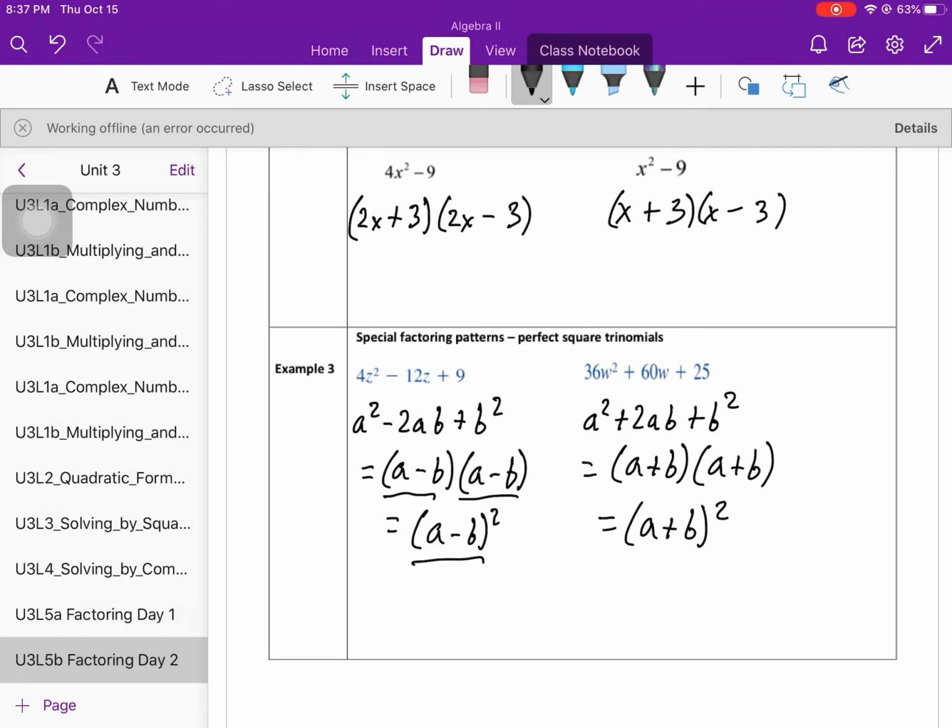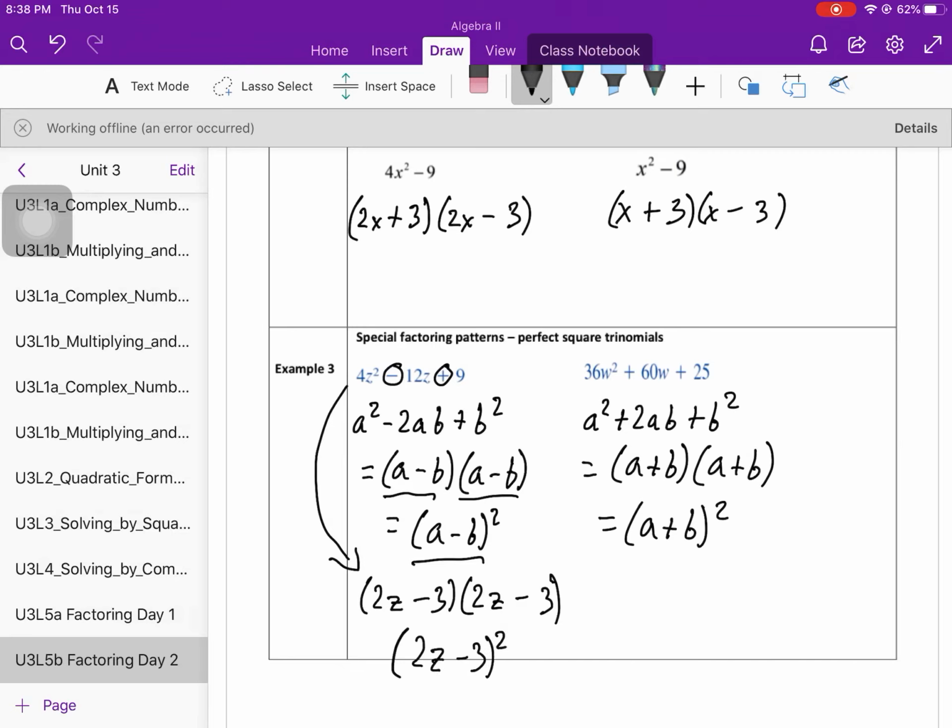Okay. So if we were to factor this one, 4z squared minus 12z plus 9, I'm just going to write my work down here. 4z squared comes from 2z, and then 9, perfect square, that comes from 3 and 3. And then the middle term is minus because signs are the same, both negative.